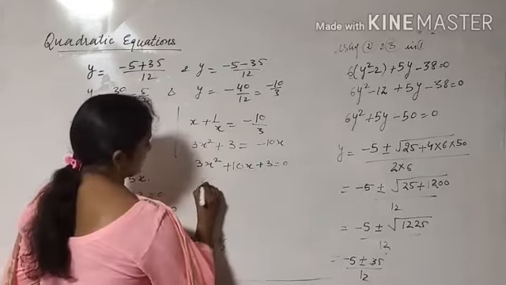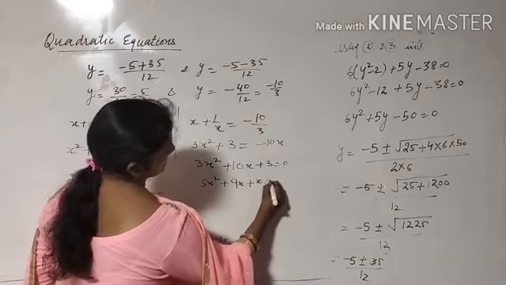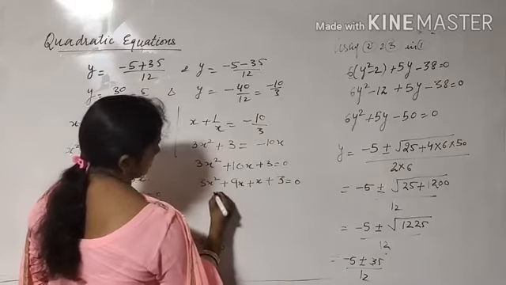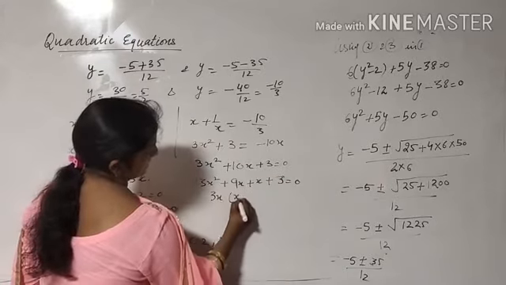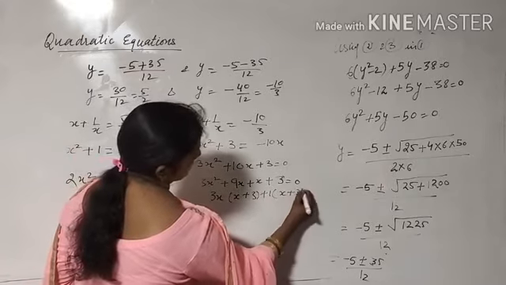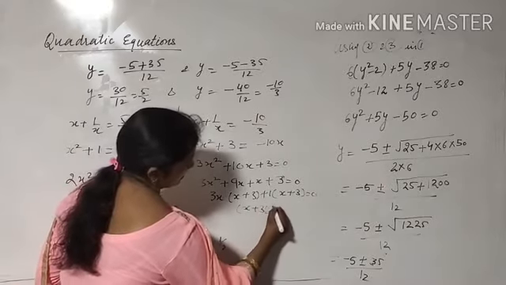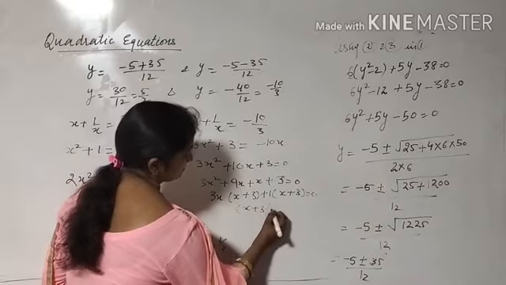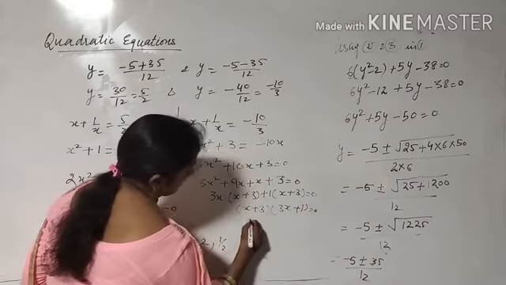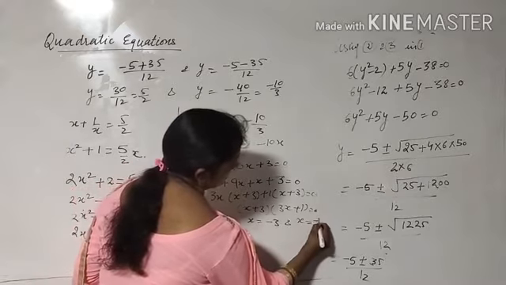So I can break it as 3x square plus 9x plus x plus 3 is equal to 0. So here it is 3x into x plus 3 plus 1 into x plus 3 is equal to 0. So we have x plus 3, 3x plus 1 is equal to 0, and I get x is equal to minus 3 and x is equal to minus 1 by 3.